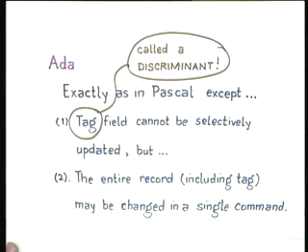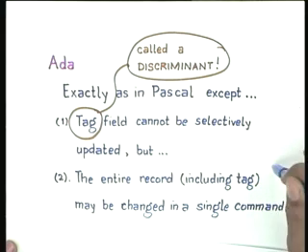So, the large record including the tag could be changed in a single command by using an appropriate aggregate, but that only meant that the programmer knew explicitly that he was changing the tag field, and he was doing the change in the tag field at the same time that he was changing the other components. They are not being done in a selective or distributed fashion.